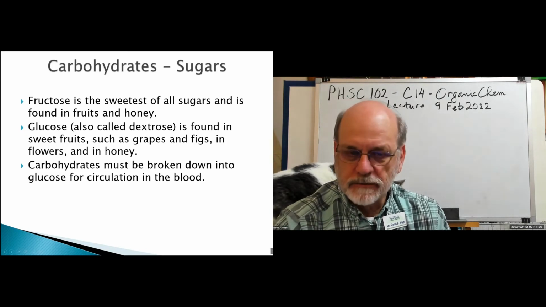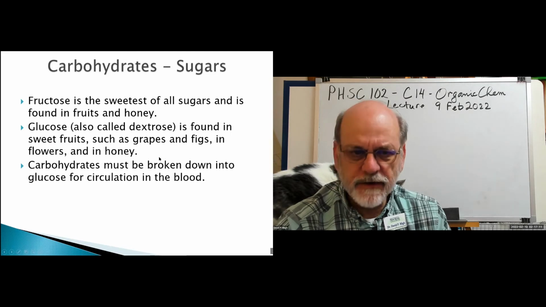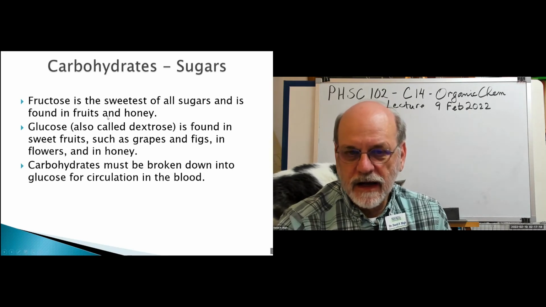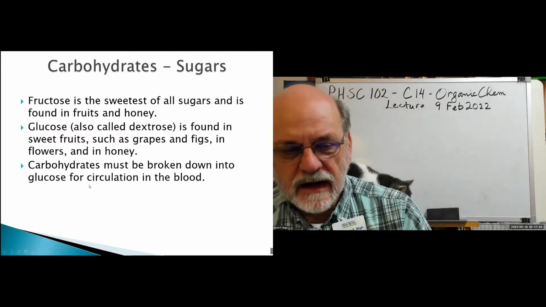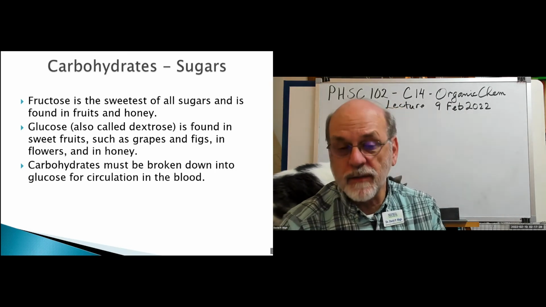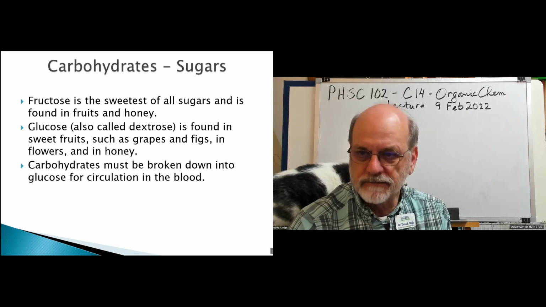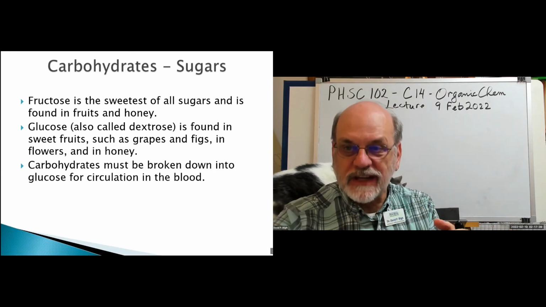Okay, glucose, often called dextrose, is found in fruits, lots of different fruits, flowers, and in honey. And fructose is in honey also. Carbohydrates generally have to be broken down because the complex carbohydrates that we eat, like rice and pastas, have these complex starches. And the starches are long chains of these subunits hooked together.